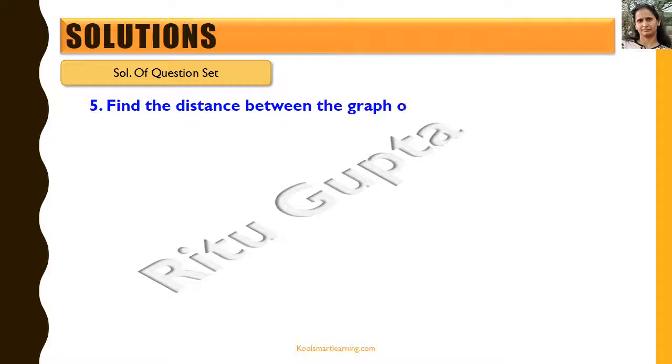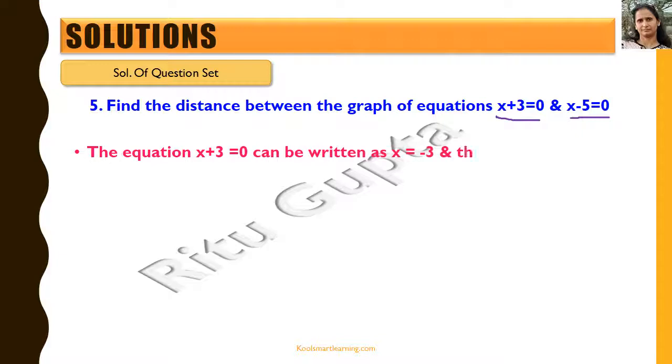Let's look at the fifth question now. We need to find the distance between the graphs of the equations x + 3 = 0 and x - 5 = 0.